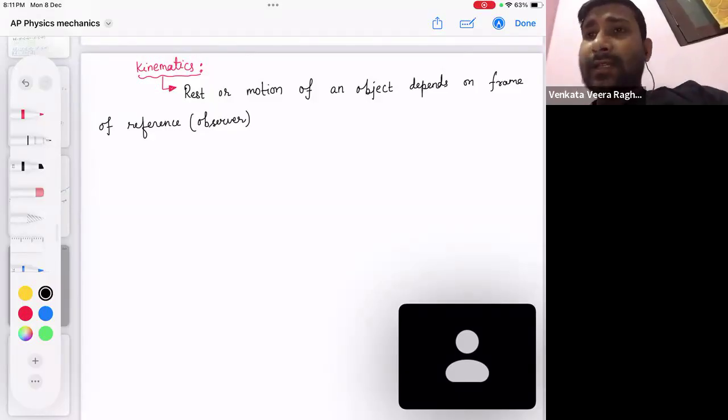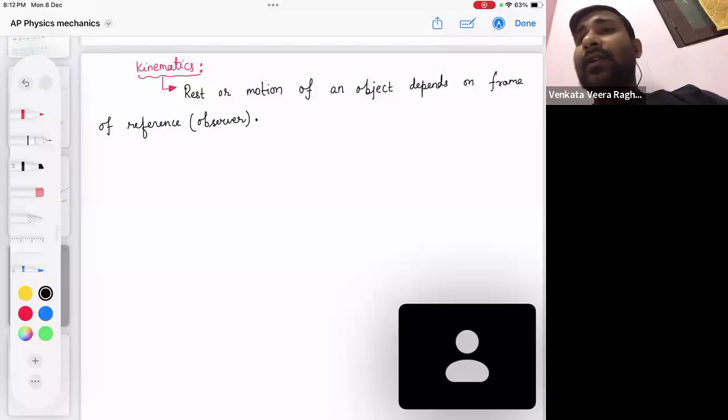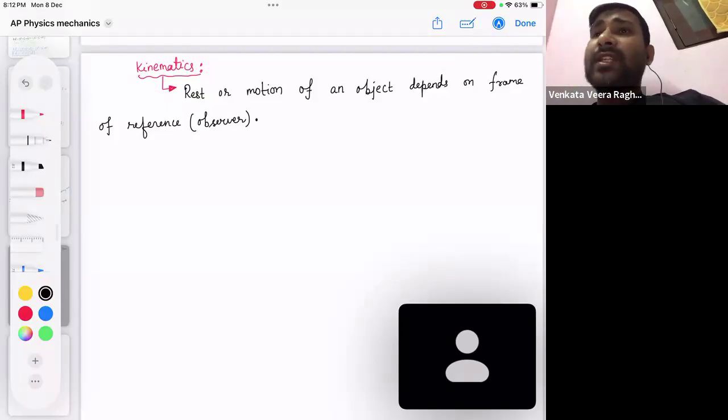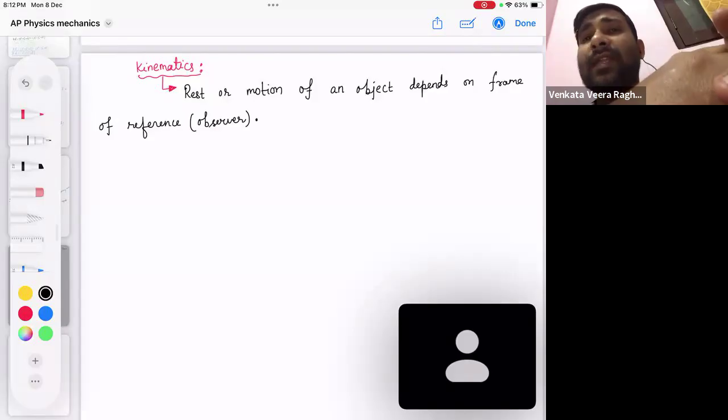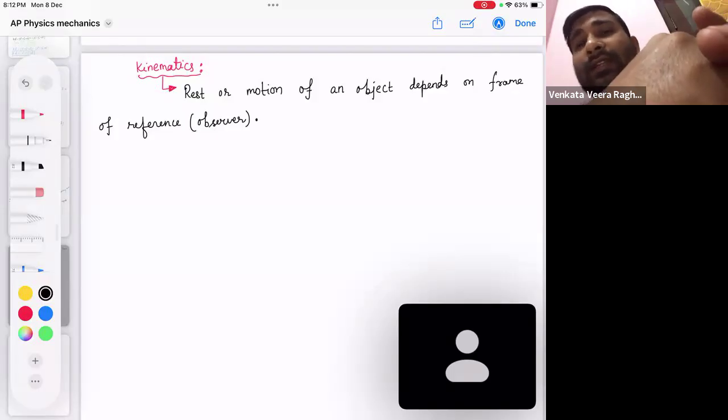In simple words, it depends on the observer. The frame of reference is nothing but an observer. So with respect to an observer, if a particle's position is changing, we say that the particle is in motion. And with respect to that observer, if the particle's position remains the same throughout the time, then we say that for that observer, it is at rest.